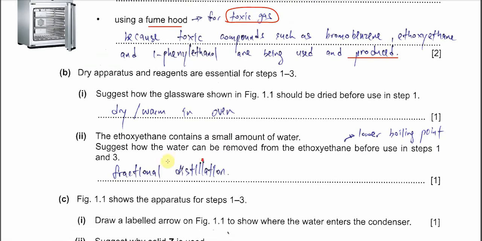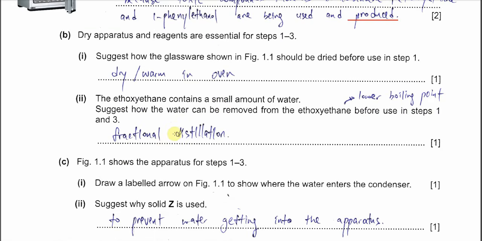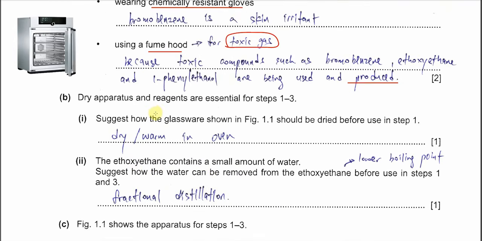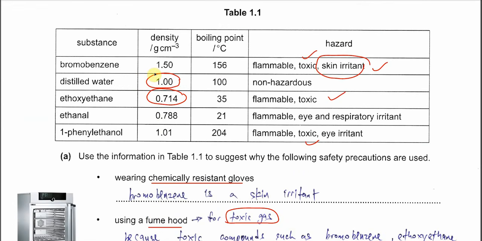For part 2, the ethoxyethane contains a small amount of water. Suggest how water can be removed from ethoxyethane before use in step 1. Because the boiling point of ethoxyethane is different from water, it is lower: ethoxyethane boils at 35, water at 100.